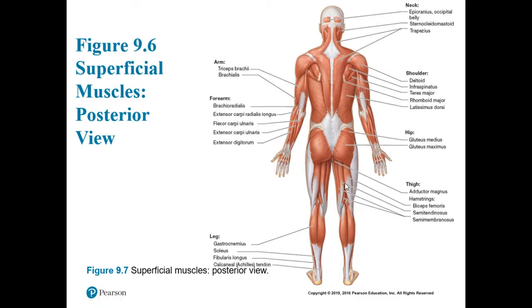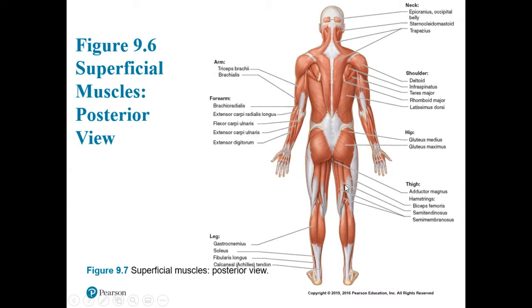All right, first, they originate on the posterior but superior end of the femur. Okay, so that's where it originates, and then it inserts onto the tibia and fibula of the lower aspect of the leg.